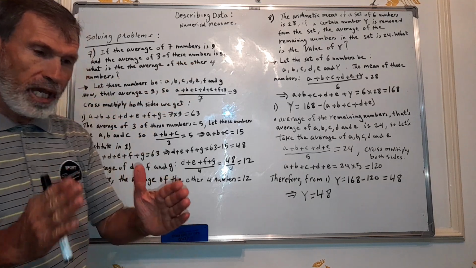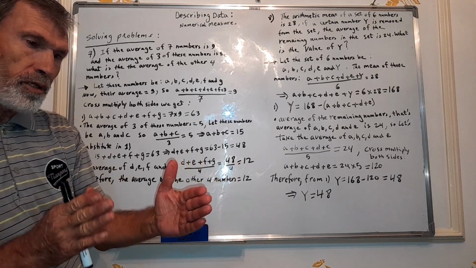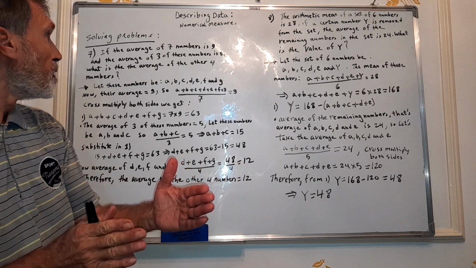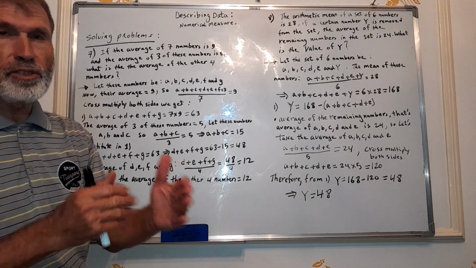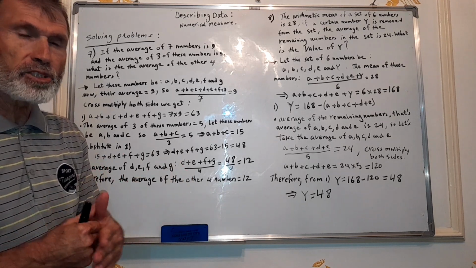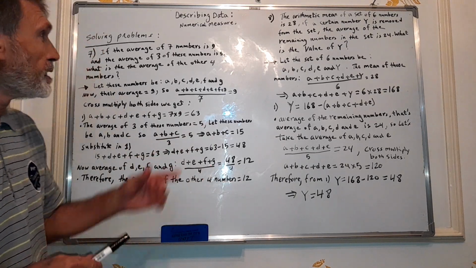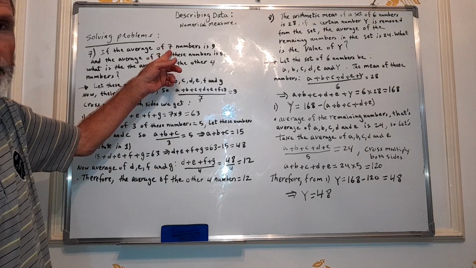So we have the average of 7 numbers, which is 9. Also, the average of 3 of these numbers is 5. Now we need to know the average of the other 4 numbers. Great. First, we're going to assume certain numbers.